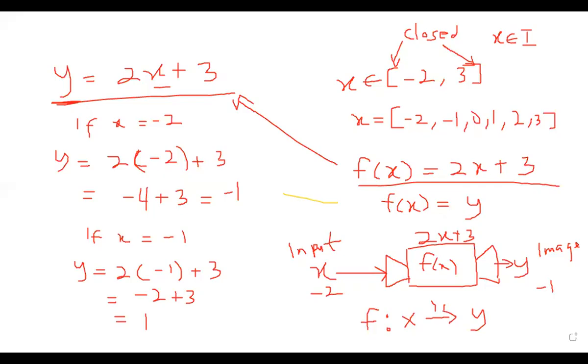Basically, what we have said so far is a function is like a machine, it's a rule which connects a certain input to a specific, unique image. So a function is a rule which relates an input, say x, to a specific or unique image, say y.